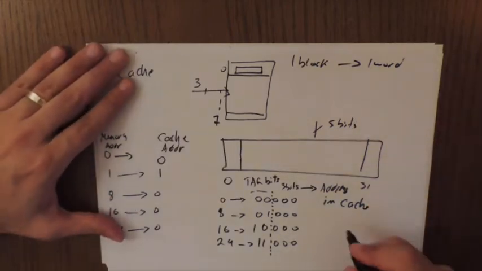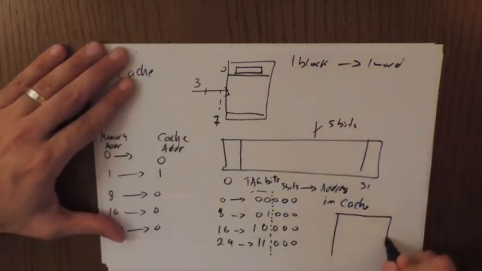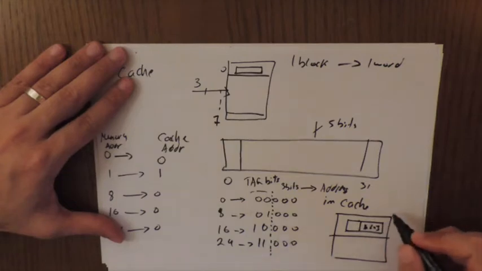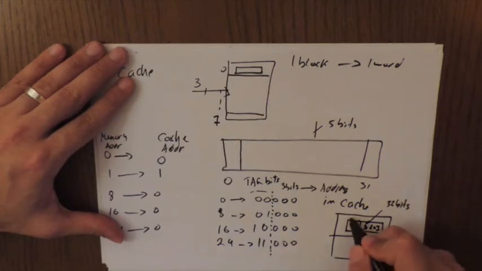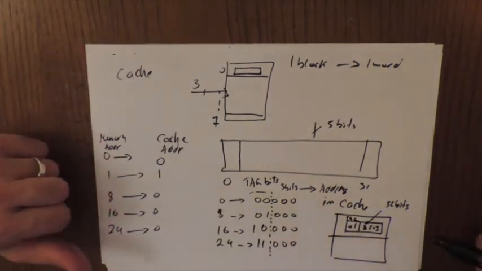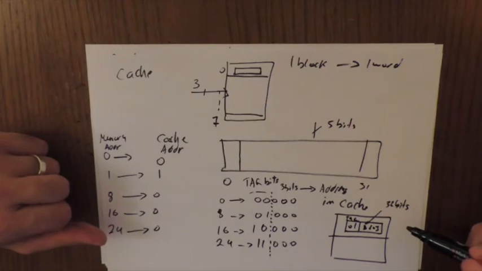So the cache will look something like this. Each block, this is block 0, let's say this is 32 bits, and here we have the tag bits. So if this is 0, 1, then I know this is block 8. If this is 1, 0, then I know this block is block 16.